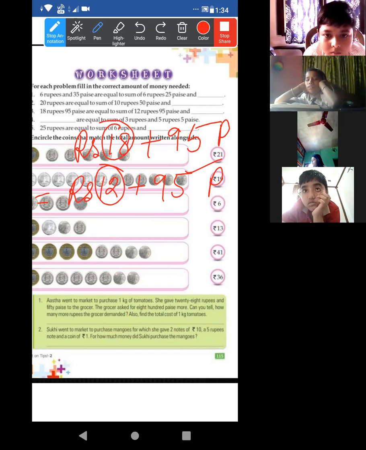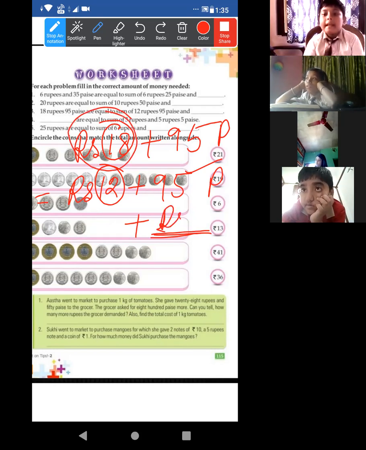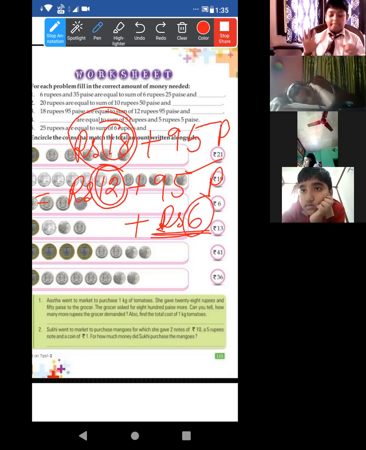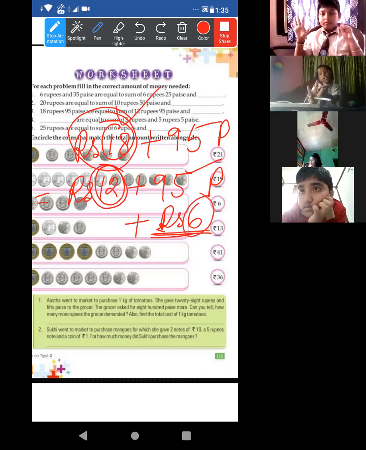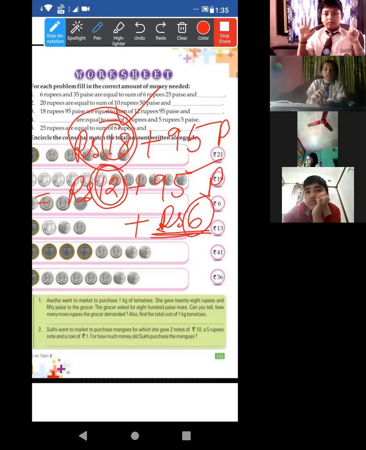How can we write 12? So plus how much extra amount we have to add so that it can be 18? How much extra? Definitely 6 rupees, na? Look, 6 plus 12, then it will be 18. Ha, yes. Now I think it is clear. Good.